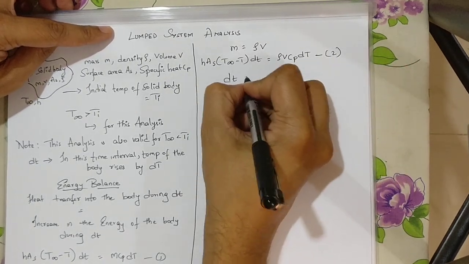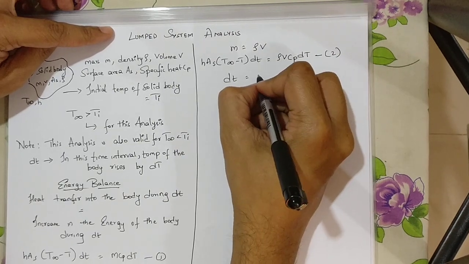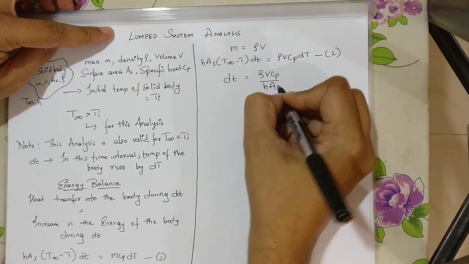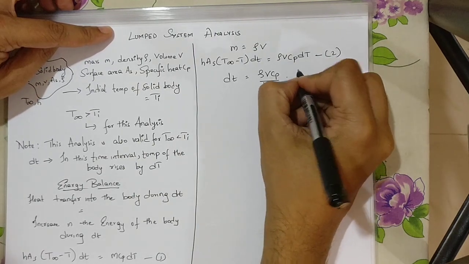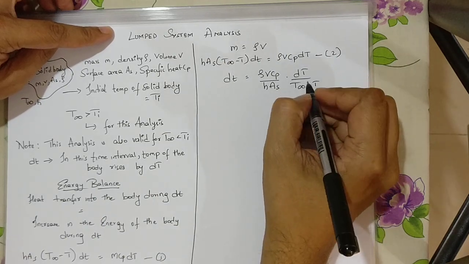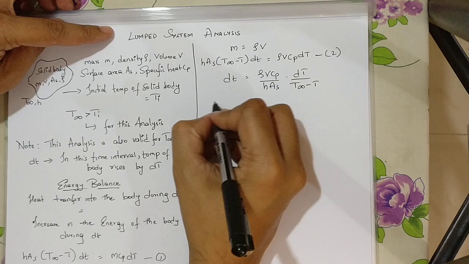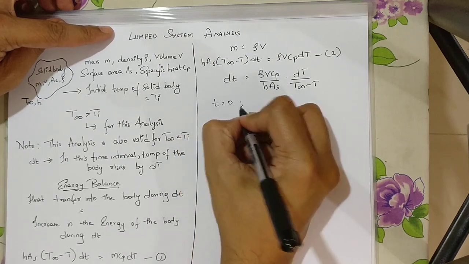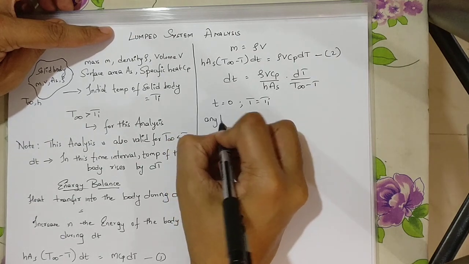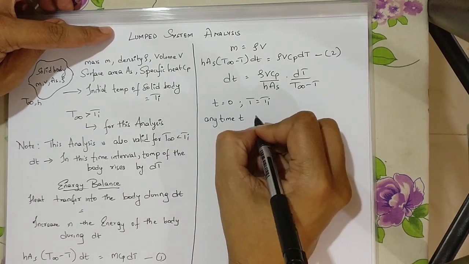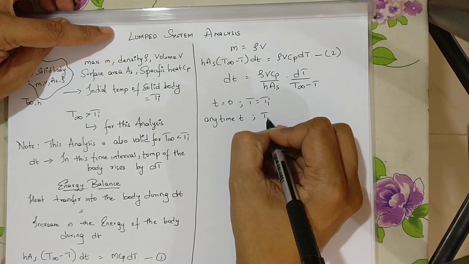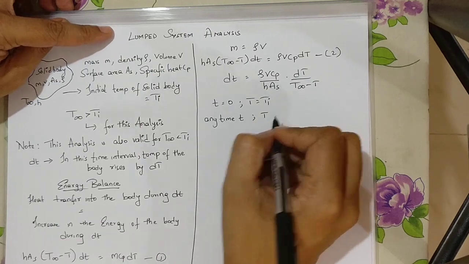Let me rearrange this in such a way that the variables are separated. Now we all know when time t is equal to 0, the temperature was the initial temperature Ti, and at any time t, the temperature is T. Of course, this T is a function of small t because it is changing with time.